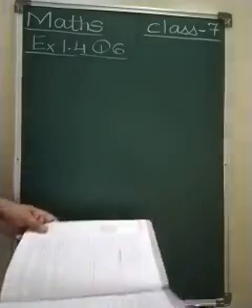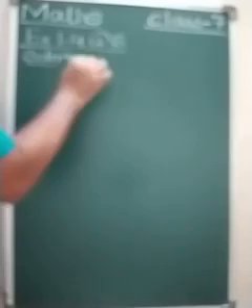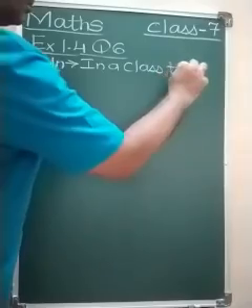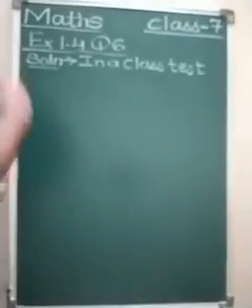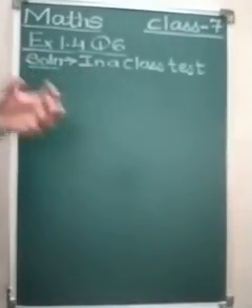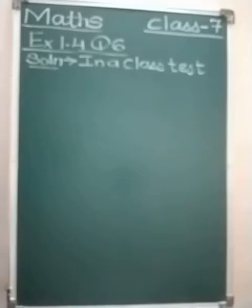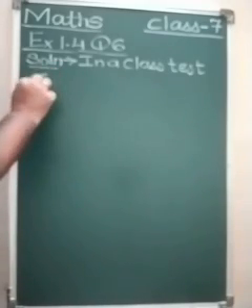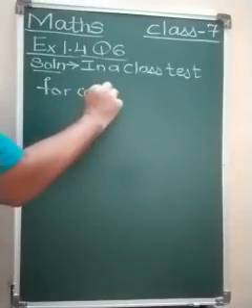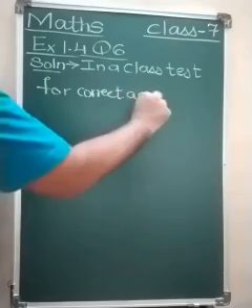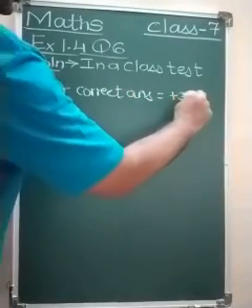Now this is the information. First we will try to write down the information. Okay, solution. In a class test, we will try to write it in a short form because already you know how to write down the information. We have seen the writing of information in exercise 1.3. Same kind of question was there. For correct answer equals plus 3 marks.